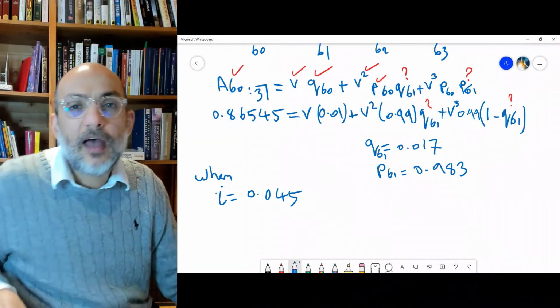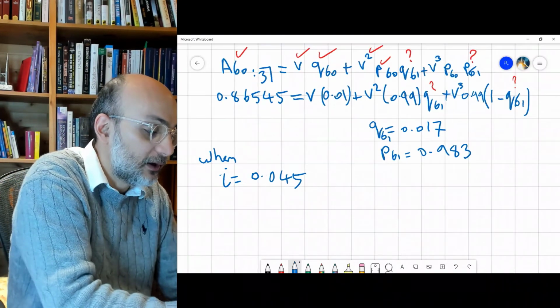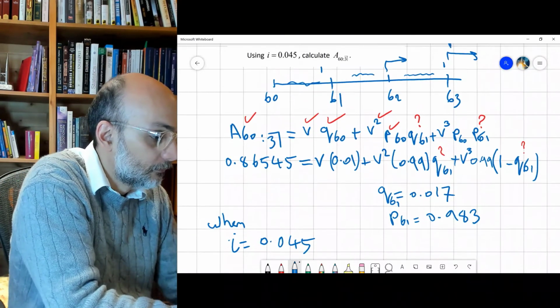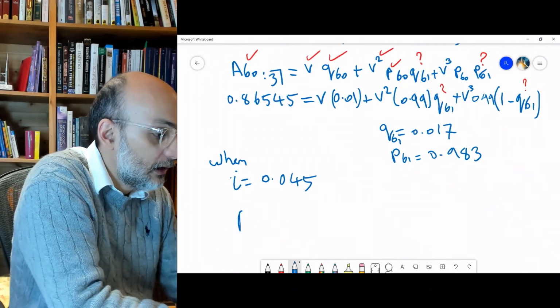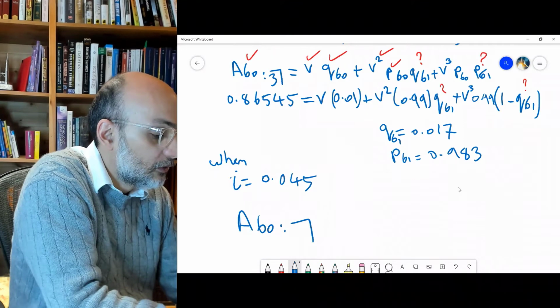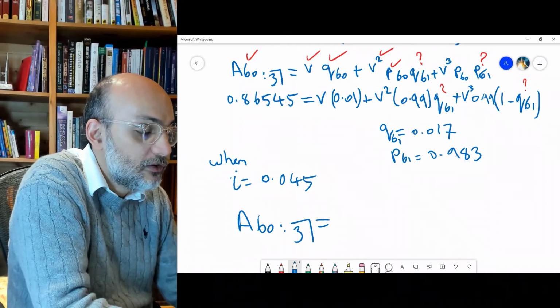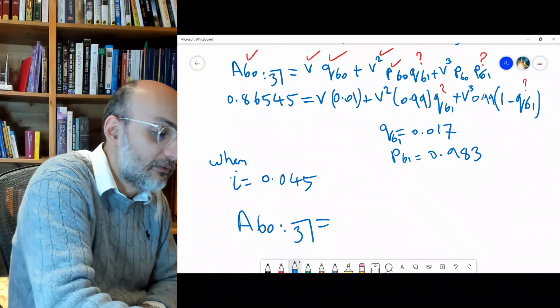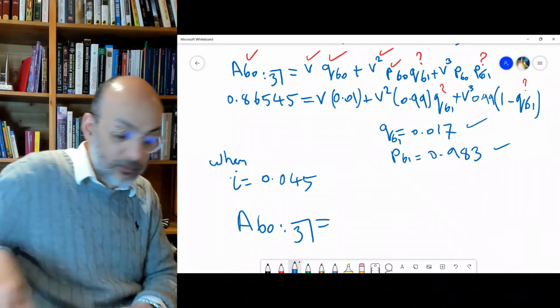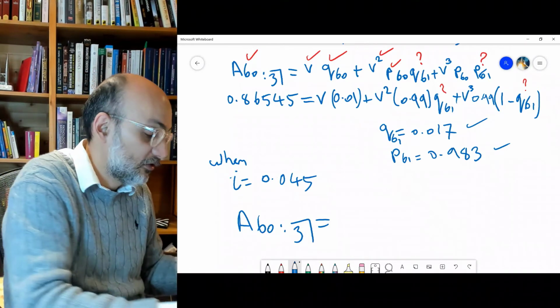You use exactly the same formulation here, but you plug in the 4.5%. So now we're looking for the same question, A60 for 3. You plug in all the values you have, but with the new interest rate. If you do that, just the same thing, all you need to do is plug in your new interest rate.